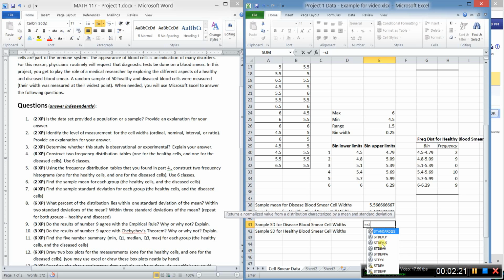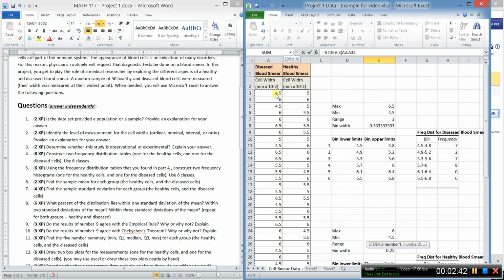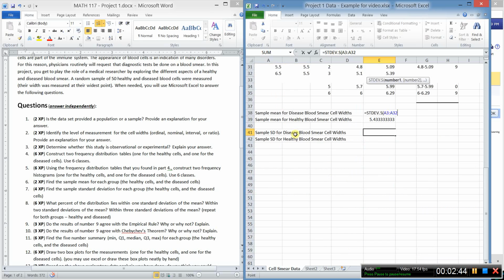So standard deviation. Now this dot P is for population, and this dot S is for sample. So I want the sample standard deviation, not the population standard deviation. So I just click on that once I decided that's what I want. I could type it or click on it, and then highlight all the data, so all of the disease blood smear data.